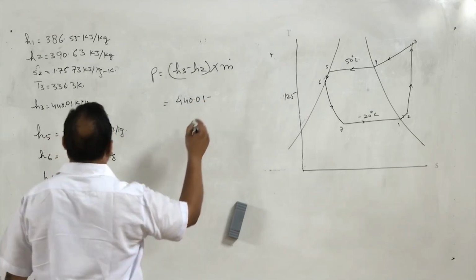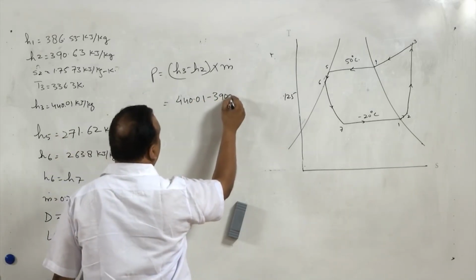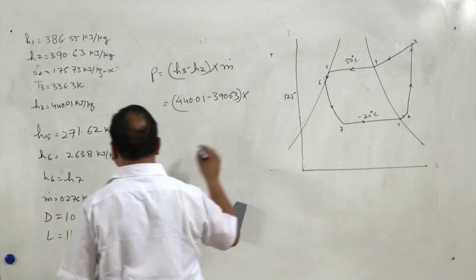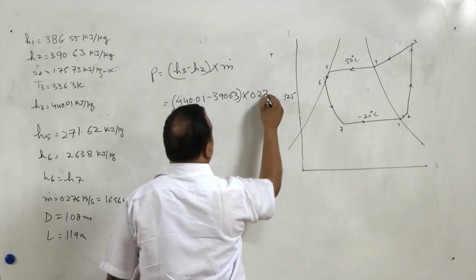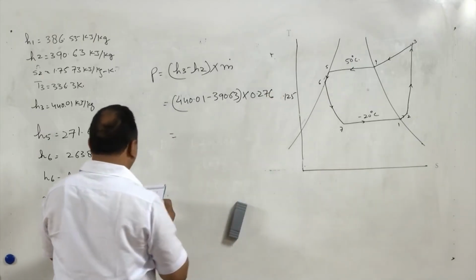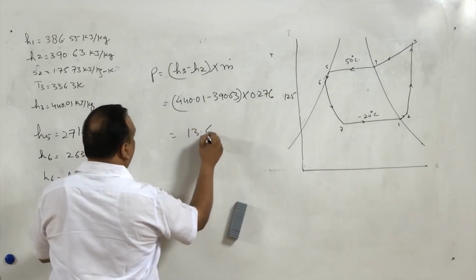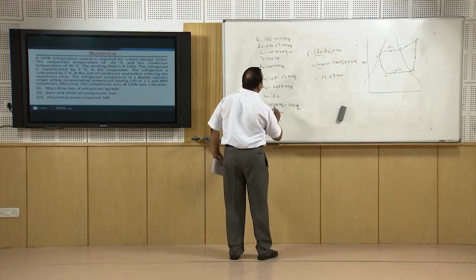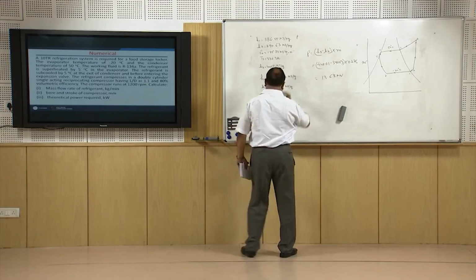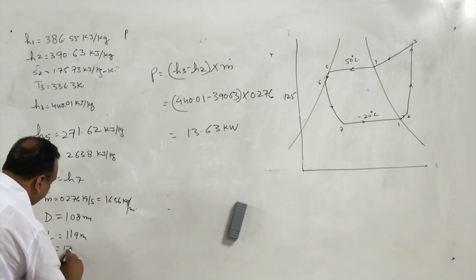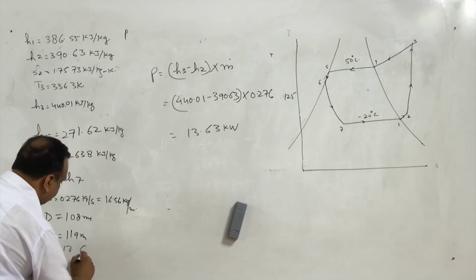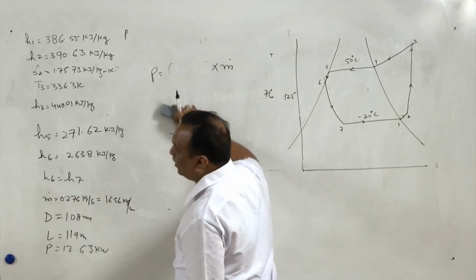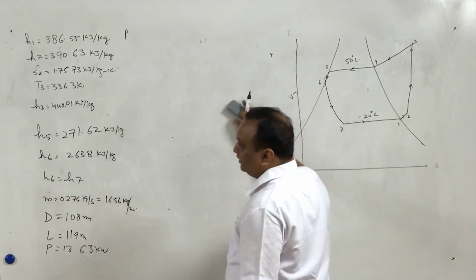H2 is 390.63, multiplied by mass flow rate, that is 0.276, and this will give the power consumed by the compressor as 13.63 kilowatt. So, power is 13.63 kilowatt. Now, we have answers for all parts of this numerical.